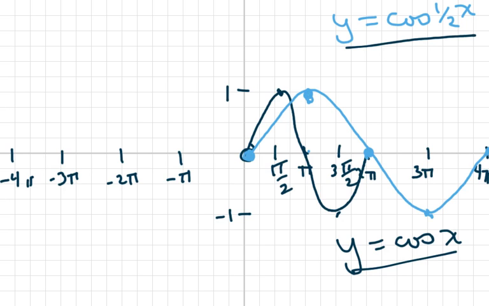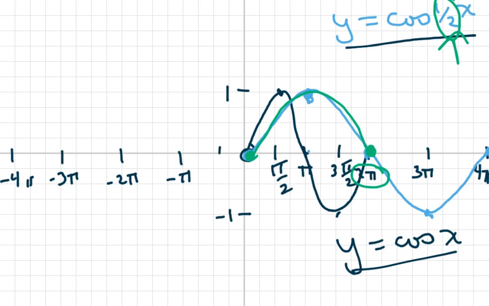And as you can see, this 1/2 means we only could do half of the cosine wave from here to here, up to 2 pi. We didn't even complete it. From 0 to 2 pi, because this is 2 pi here, we only could complete half the wave. So that's where that's coming in. Now I'm going to go ahead and finish this.